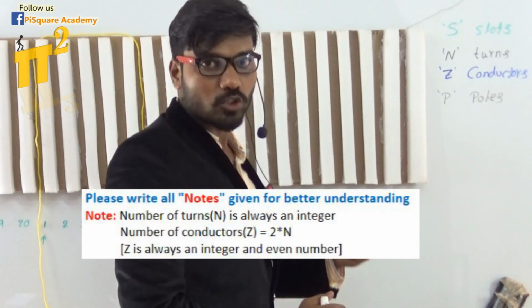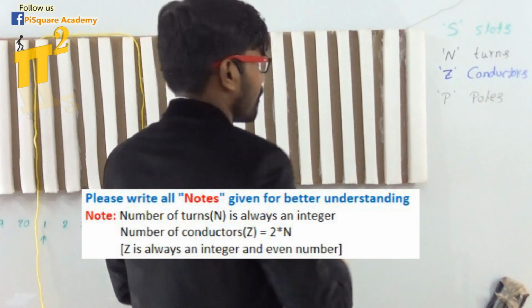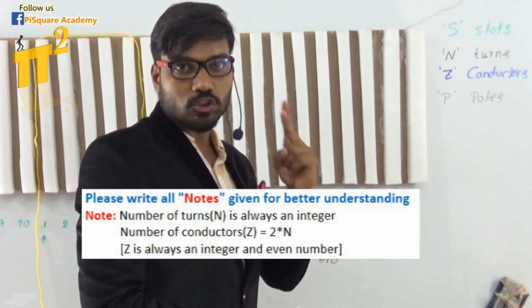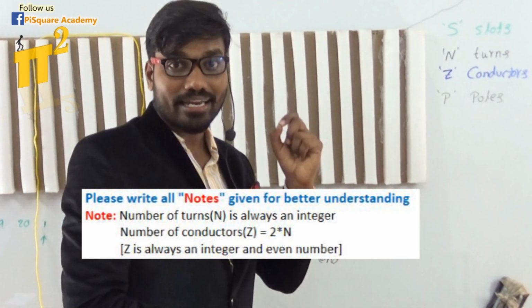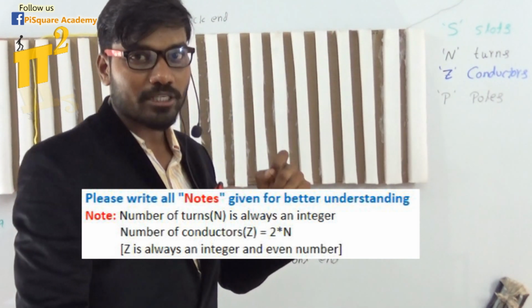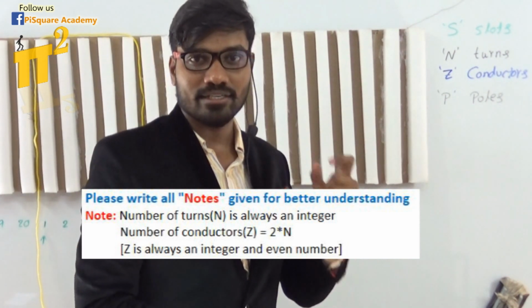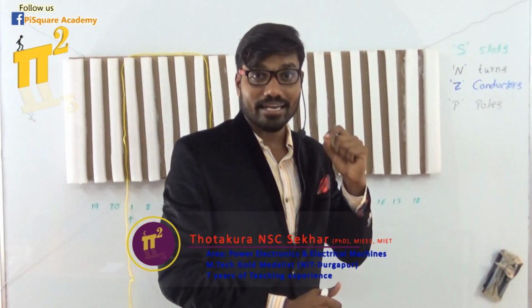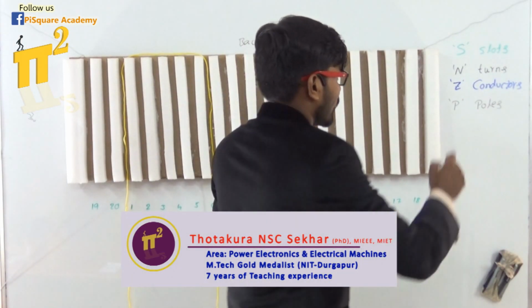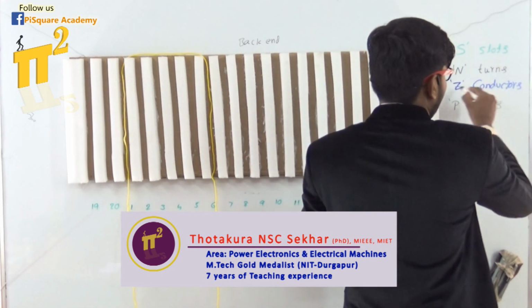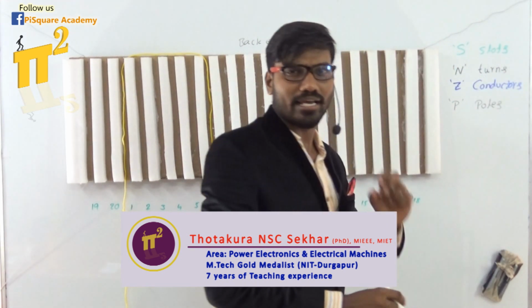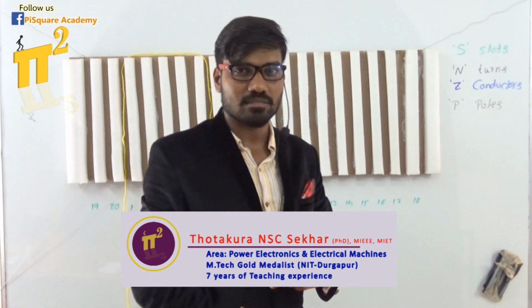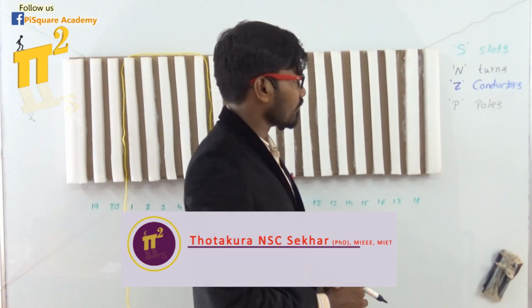Z is equal to 2 into n. If you multiply any integer with 2, you will get an even integer. So Z is always an even integer for any type of winding, not only DC machine, AC machine, any type of winding for that matter.